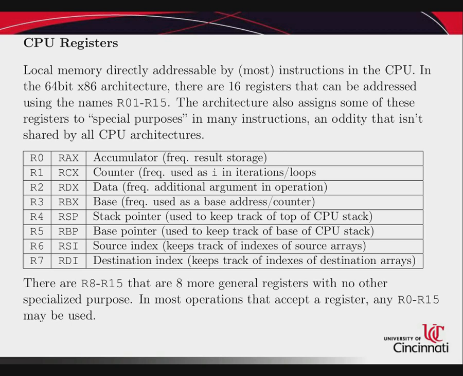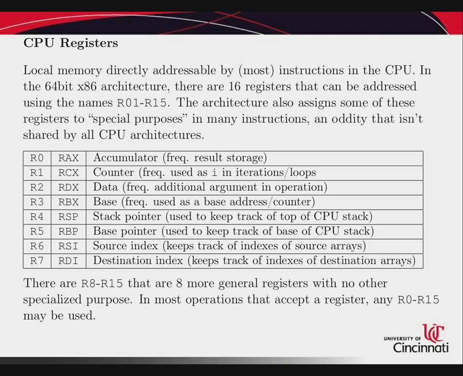CPU registers. I was mentioning earlier the way x86 works, and this attempts to explain why they're not just numbered, but have these alphanumeric names. Historically, the Intel architecture, back when it was designed in the 70s and the 80s, actually had a number of registers that had a specific role within the instruction set.